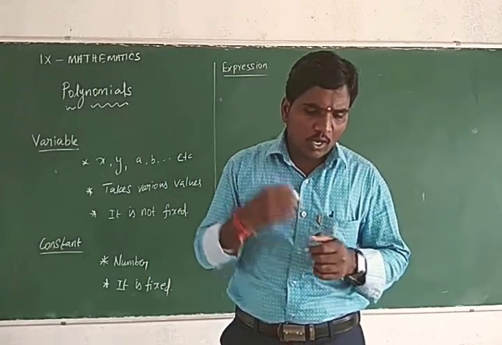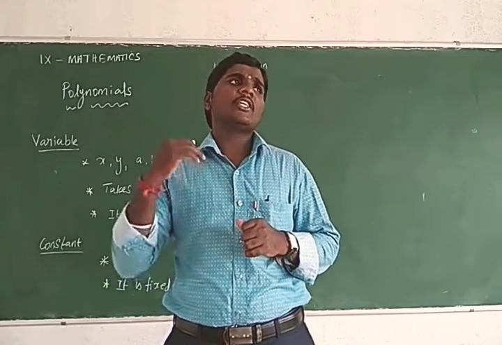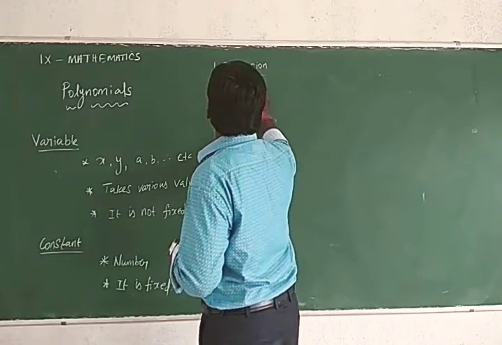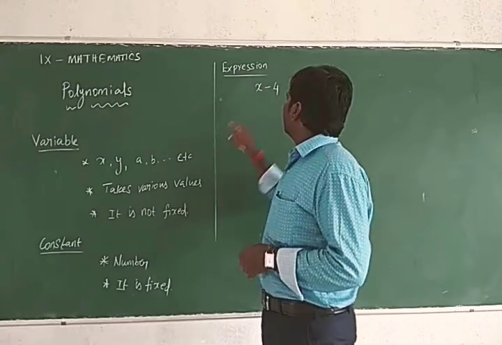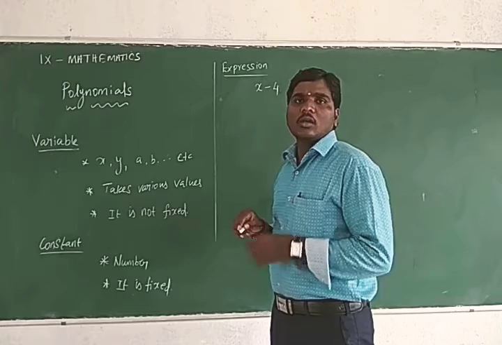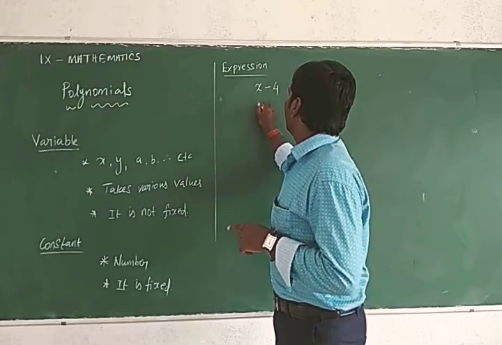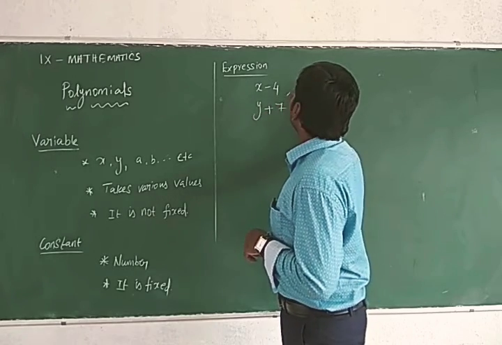Constants do not change, variables can keep changing. For example, x minus 4. Here there is a variable, a constant, and the operation is minus. It is an expression. y plus 7 is one expression.